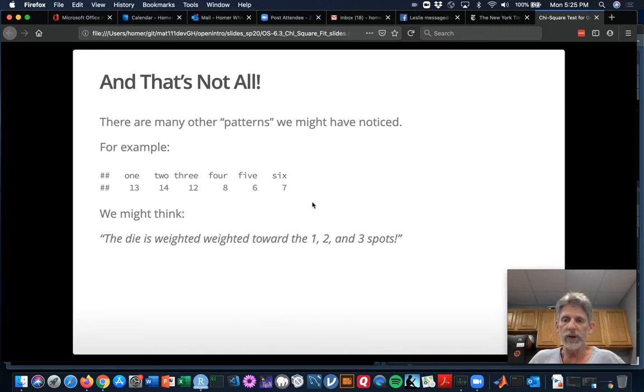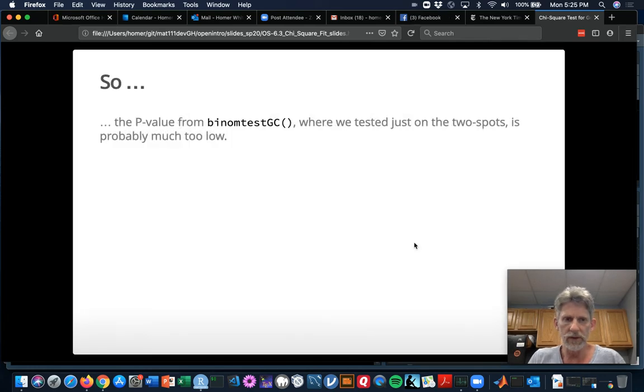What's the probability that a tally could catch your eye in at least some of those many, many, many ways? That's probably going to be a much higher than 5% probability. So that value from the binom test GC, that p-value that we got, is really much too low because it's answering a probability question that really isn't the right one.